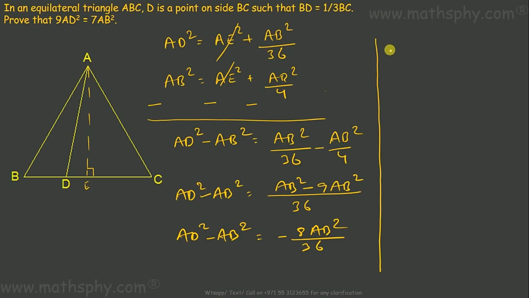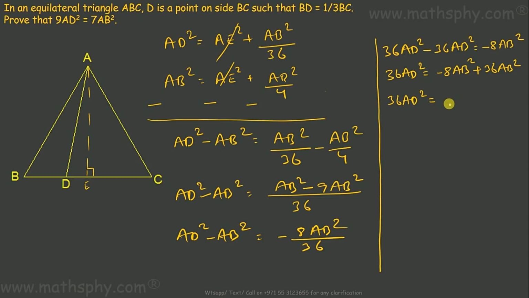This will give you 36 AD square minus 36 AB square equals negative 8 AB square. Okay, so 36 AD square is equal to negative 8 AB square plus 36 AB square. 36 AD square is equal to 28 AB square.